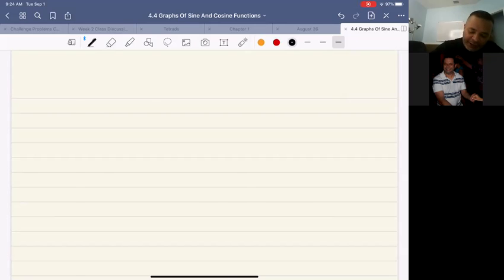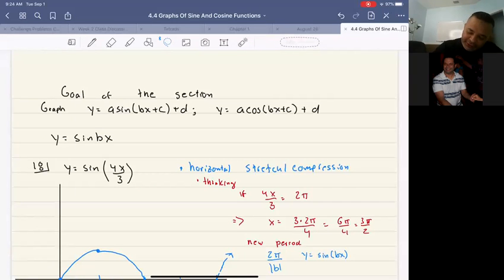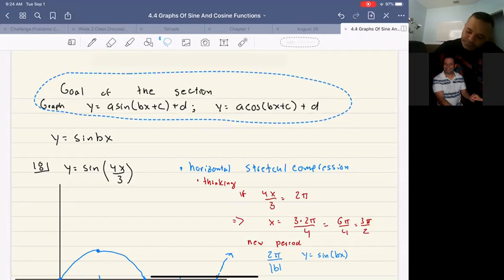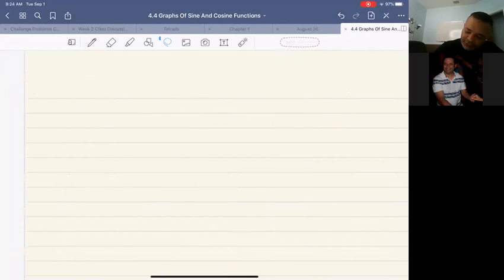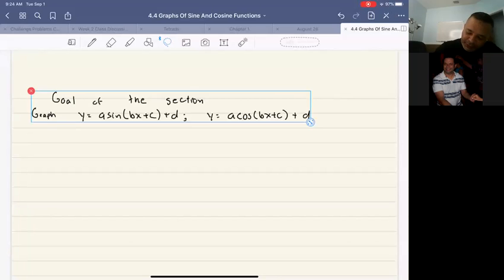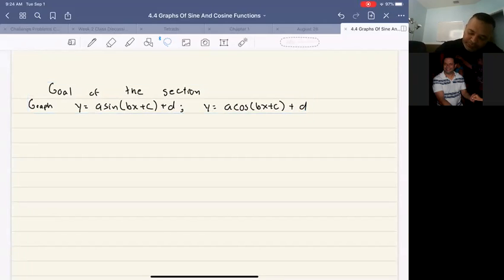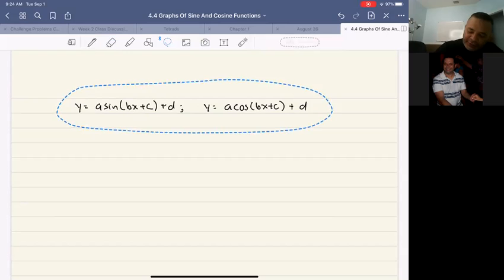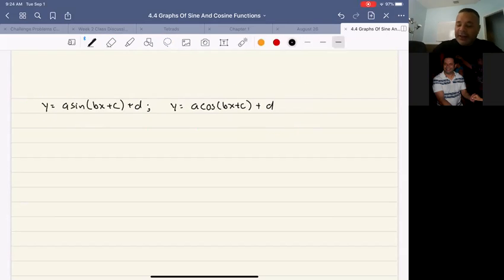So if we have one of these two functions, and we have different things. We have an amplitude.